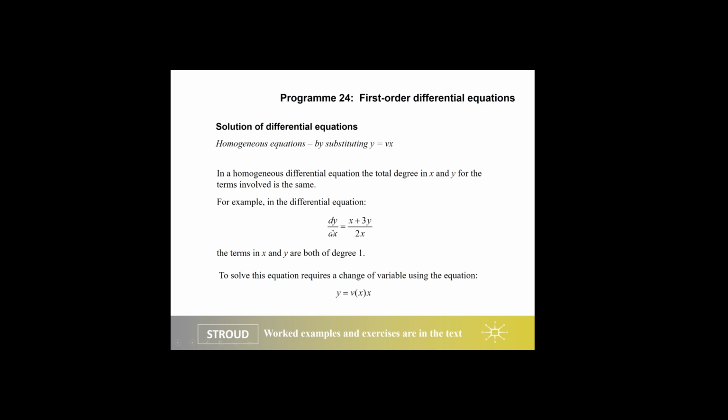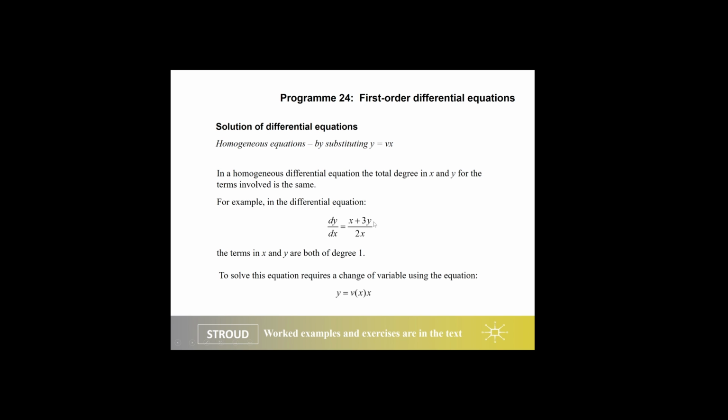If we differentiate vx with respect to x, using the product rule, we would get v plus x dv/dx. And if we divide every term in this fraction by x, we would get 1 plus 3 y over x, divided by 2 times x over x.